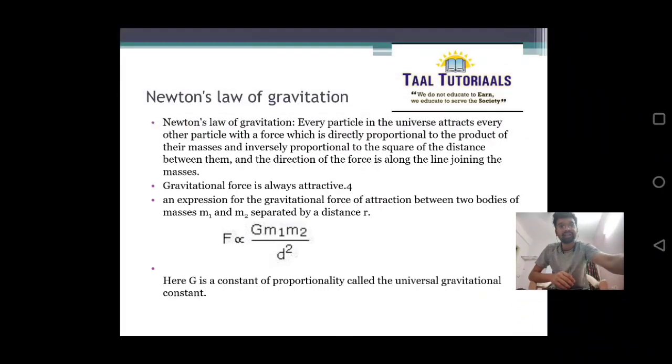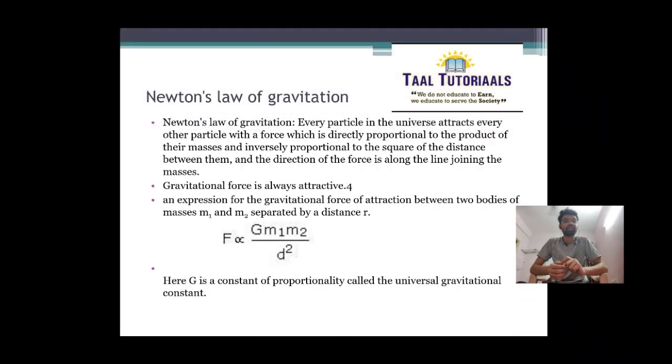If someone asks you for an expression for the gravitational force of attraction between two bodies of masses m1 and m2 separated by a distance r, then F is directly proportional to m1 into m2 by r square, so F = G m1 m2 / r². Here G is a constant of proportionality called the universal gravitational constant.